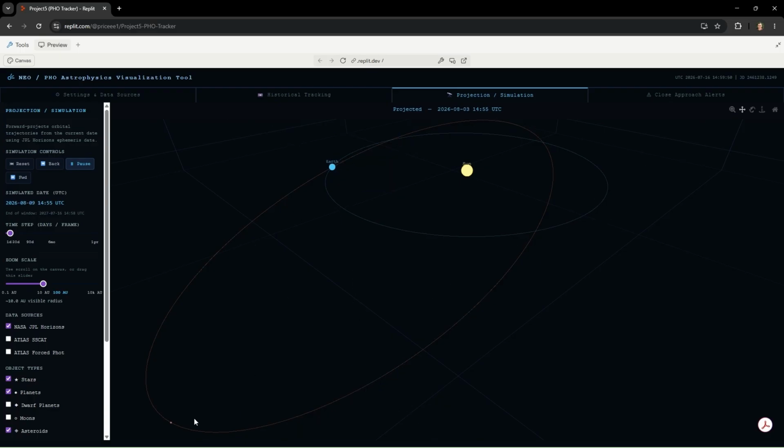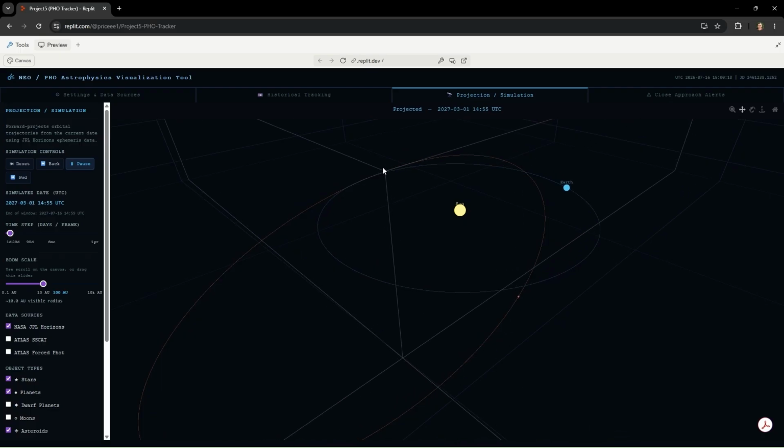So here's Earth, and then here's the asteroid down here. I'll pause it when it gets to June. We'll be able to see this one cross because I've got data from a year into the future where they're going to cross that. Probably right here. I think it's going to be right here.